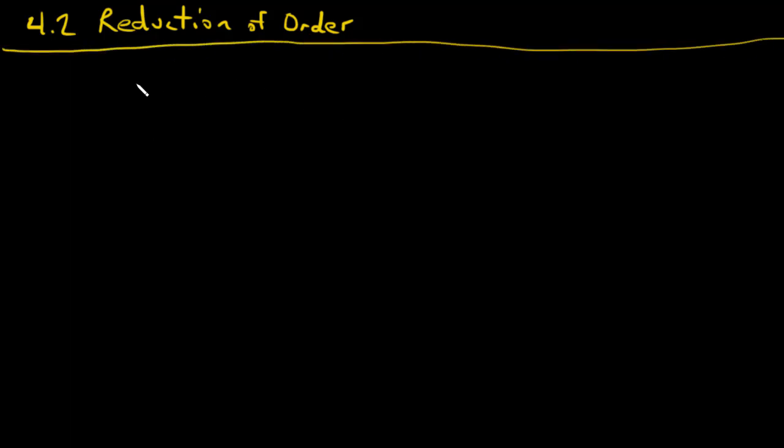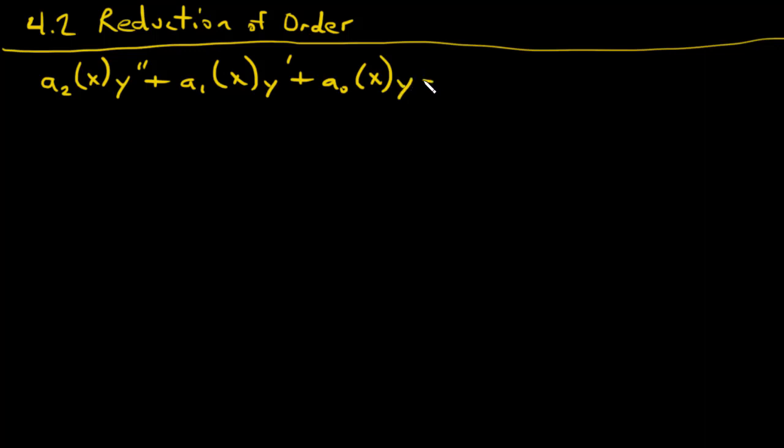Let's say that we have a homogeneous second order DE. So we have a sub 2 of x times y double prime plus a sub 1 of x times y prime plus a naught of x times y, and since it's homogeneous, it's equal to 0.